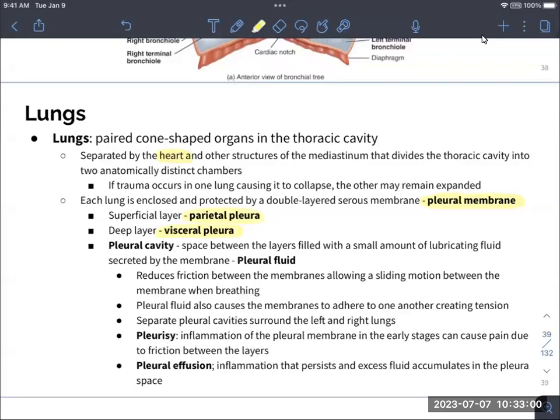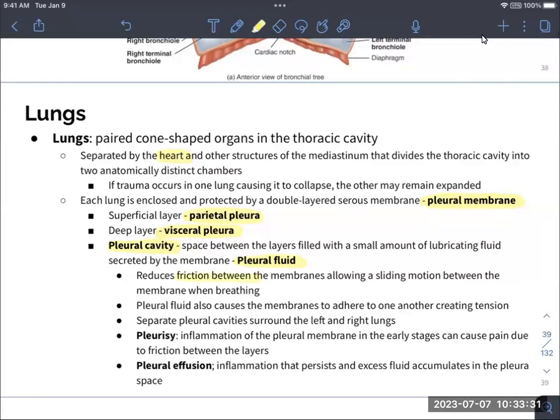And that cavity, the space between the two, is filled with pleural fluid. Like we have pericardial fluid, we have pleural fluid. This membrane is going to reduce the friction, allows for the lungs to expand and recoil when we breathe in versus breathing out.